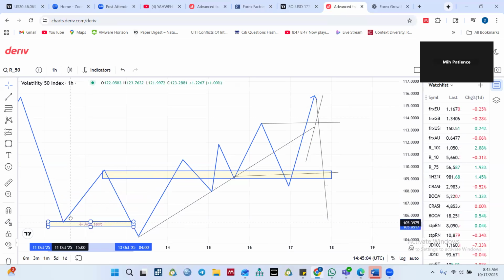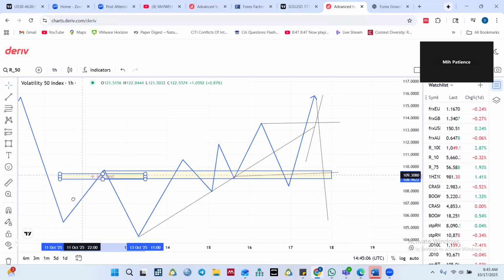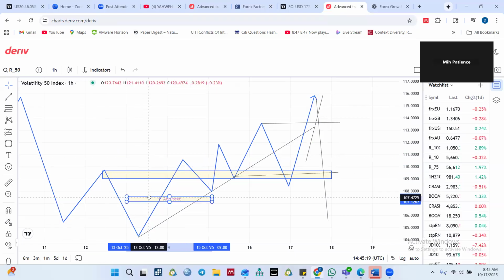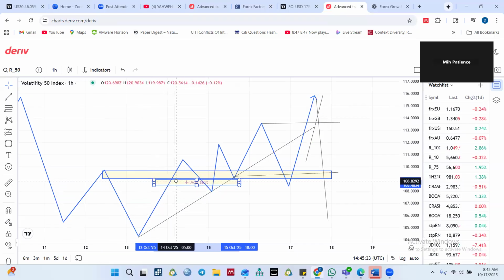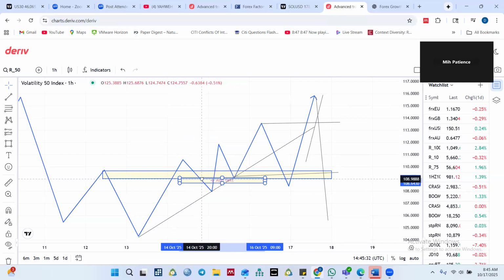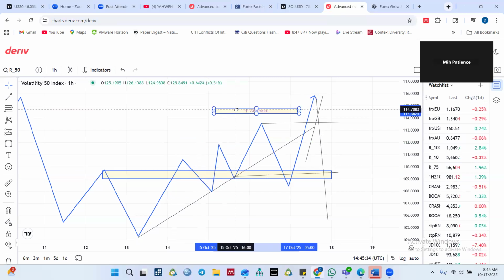and resistance used as support. For example, this area that price hit is resistance. Price drops, goes above the resistance, telling us that it wants to go higher anytime it's above the resistance. It comes down to tell us that I will go lower anytime I'm below this support. Then it goes up above the resistance, drops on the resistance and uses it as support to go up.